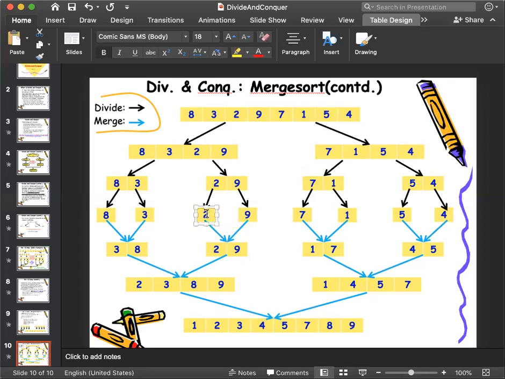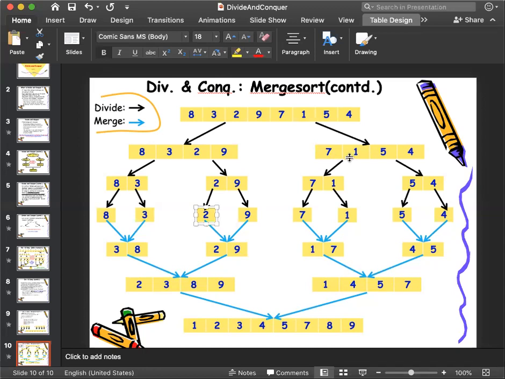So when I combine them I don't need to sort them, I just combine them. Between 8 and 3 I sorted them, but 2 and 9 are already sorted, so I just write 2 and 9 combined.